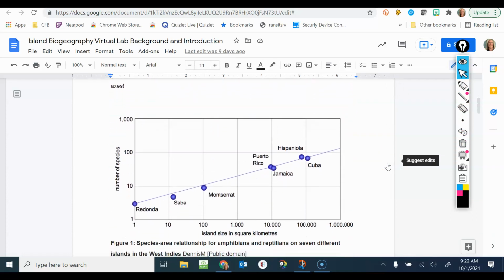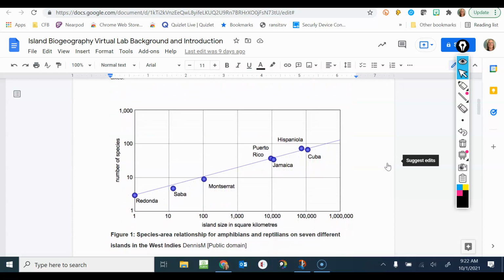So you'll notice that we have the species to area relationship of the different islands. While Puerto Rico and Jamaica and Hispaniola and Cuba are approximately the same area, you see some of the smaller islands have a lesser number of species, and that increases with size of island.